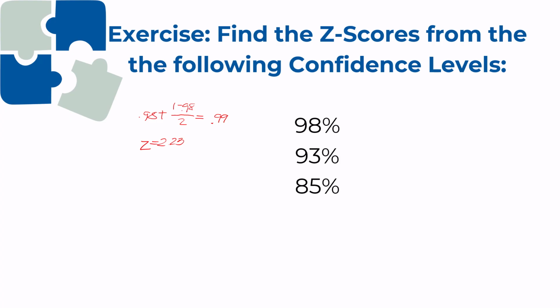It's 2.30. This should be 2.33 based on the standard Z report. For the rest, 93%, 85%, compute for the Z score.